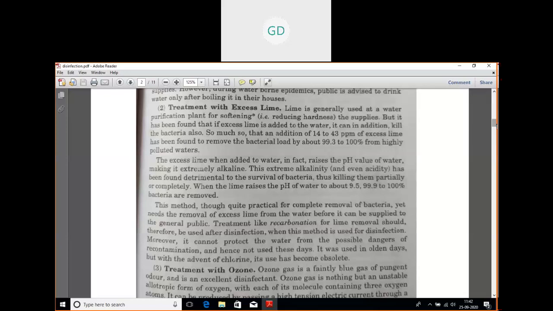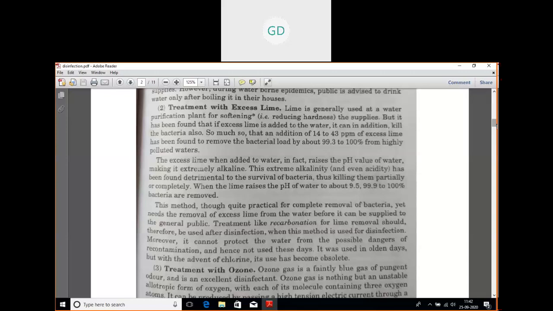We already know that when the pH value increases, the water becomes alkaline in nature, and that alkaline water becomes detrimental for the survival of bacteria. The alkaline water becomes very dangerous.